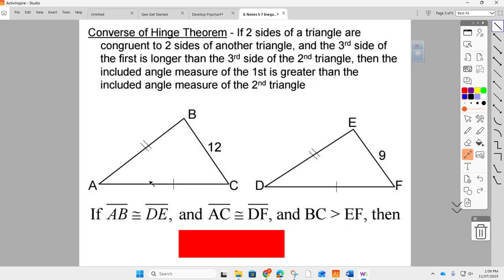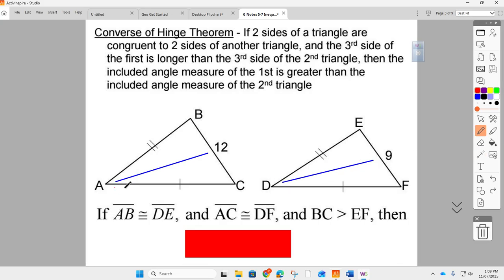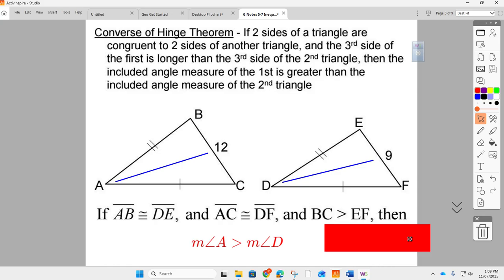Based on that, we know angle A is bigger than angle D. So angle A is across from a side that's 12 long, angle D is across from a side that's 9 long. So now we know angle A has to be bigger than angle D. That's basically exactly what we did yesterday.